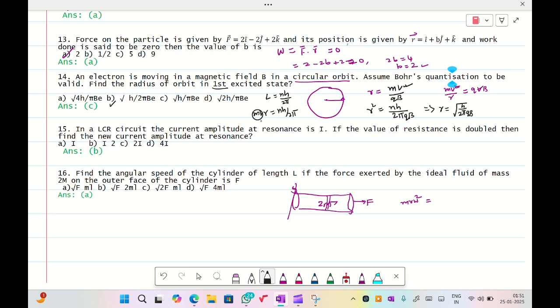The angular momentum is for the first orbit, so the radius is r. I omega is not taken here, and r omega square is not possible. So mvr only is correct, it will not be mvr by 2. So option B is correct.